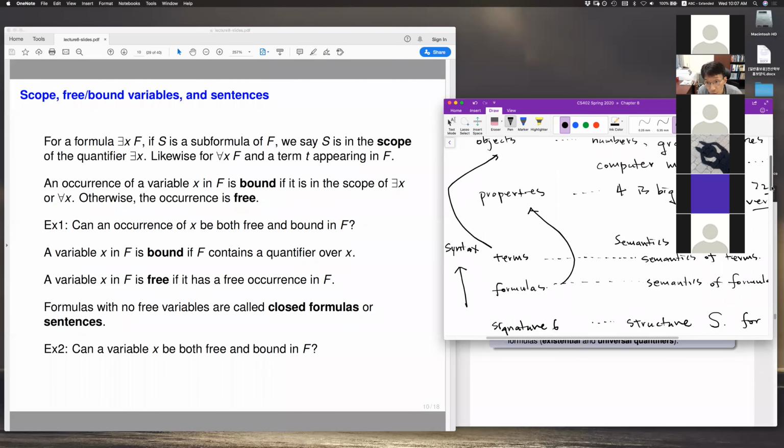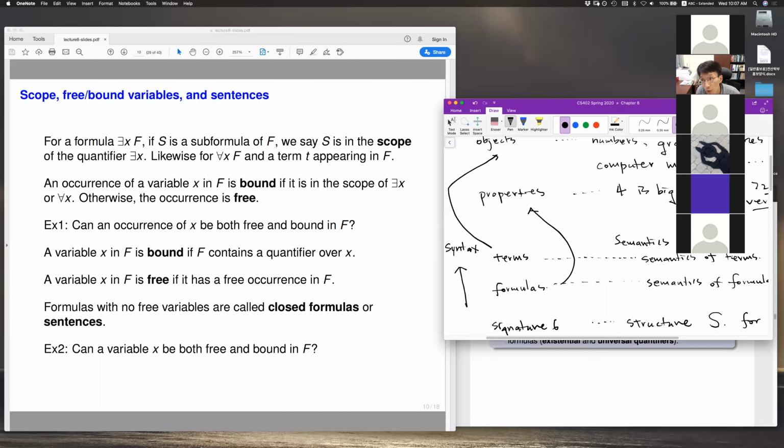We describe how to specify the objects and properties using syntax. The syntactic entities are terms and formulas, and they are all parameterized by a signature.